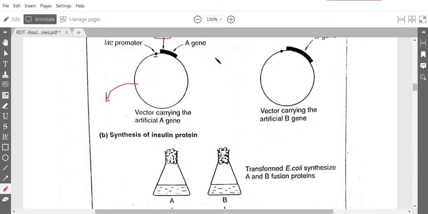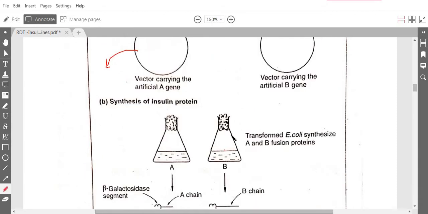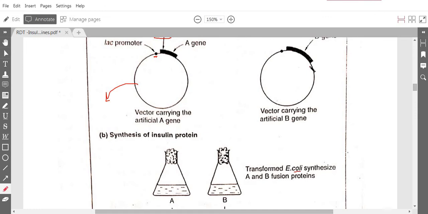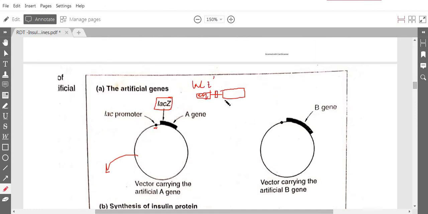And if you think about the B conical flask, in that case the B conical flask will produce the B gene product together with the beta-galactosidase and the methionine portion.